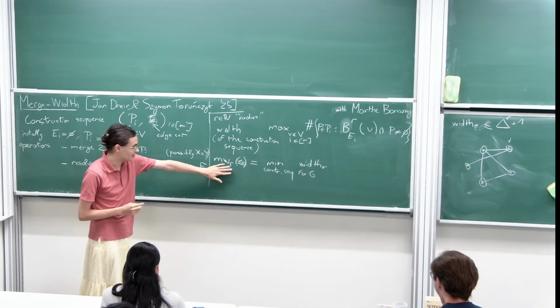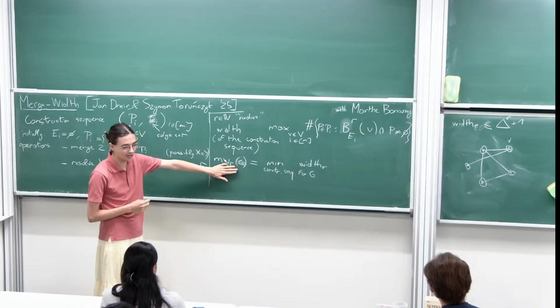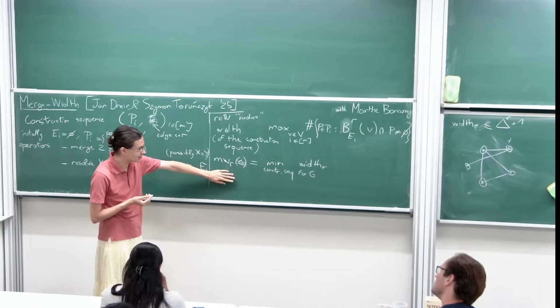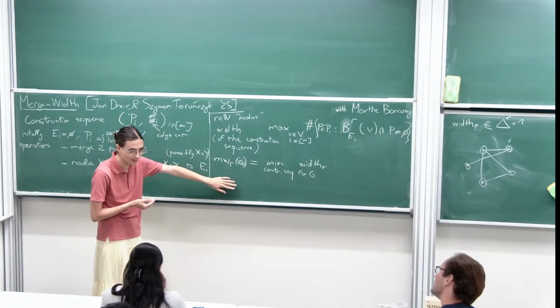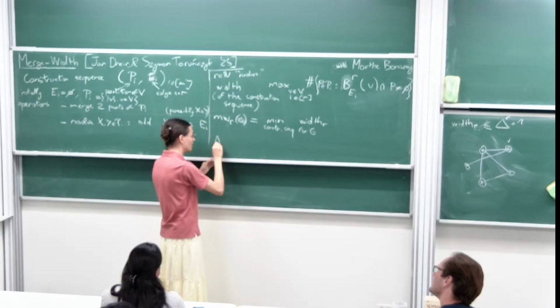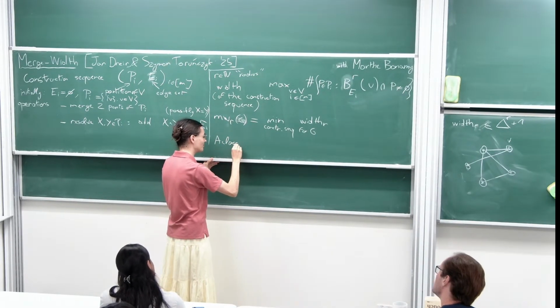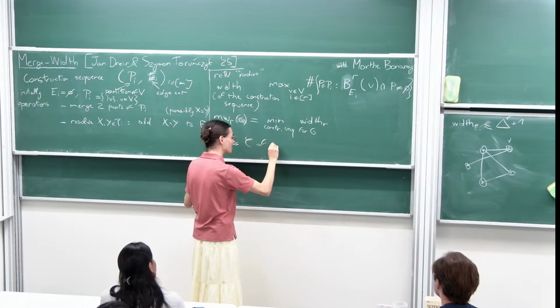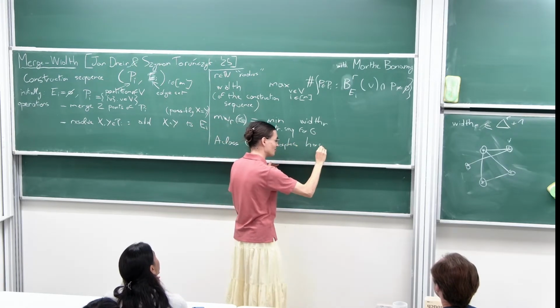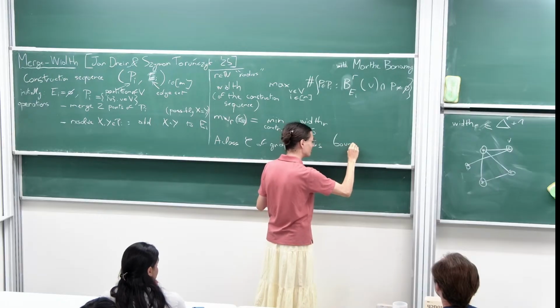So now the question is, what kind of bounds would you like for this? And when we do this kind of thing, we don't really think about a single graph, we think about classes of graphs. So what we will say is that a class C of graphs has bounded merge width.